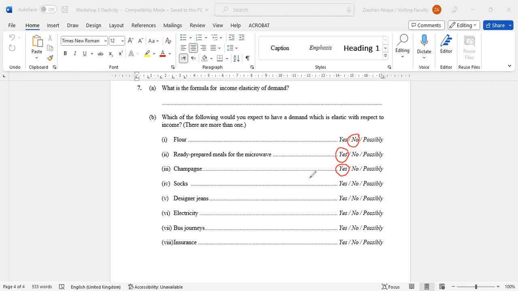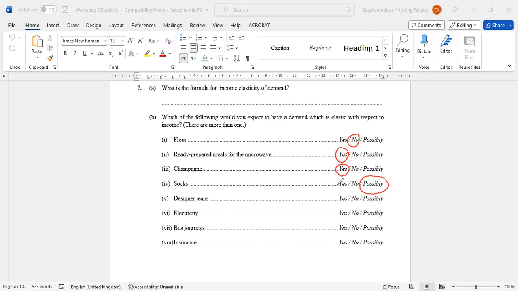Socks can be income elastic or cannot be income elastic. That depends. We have to make further qualification if we want to declare any of the options. If you are talking not only about socks but about designer socks, then plain socks do not respond, the quantity demanded is not responsive to income.